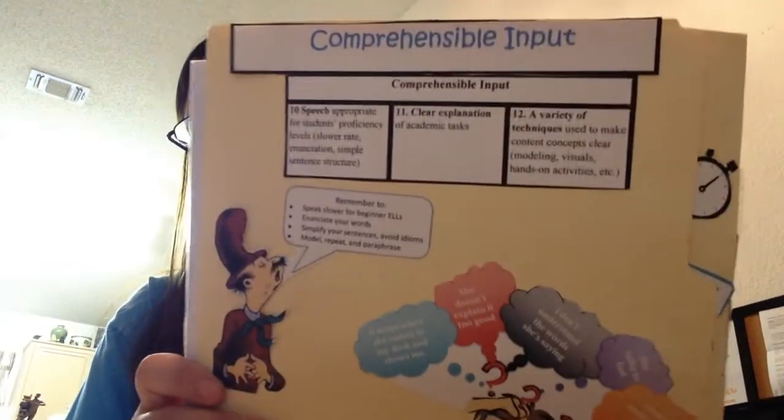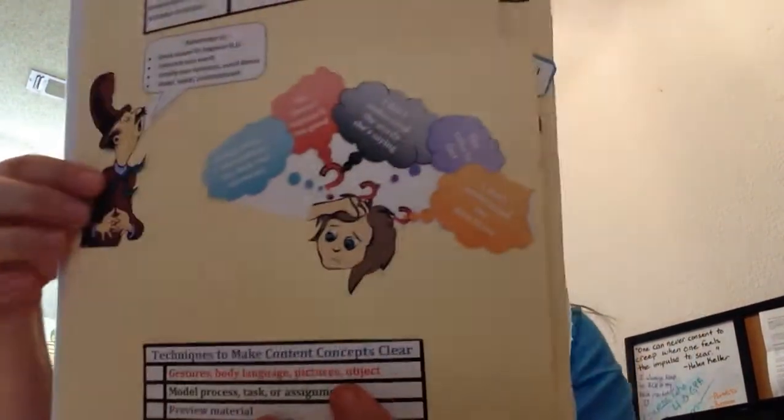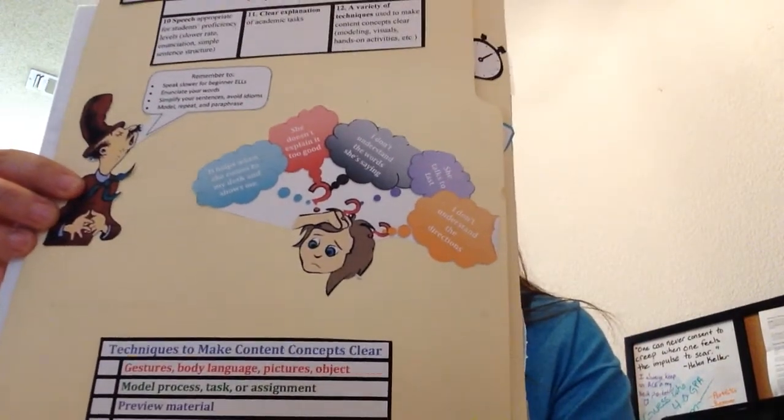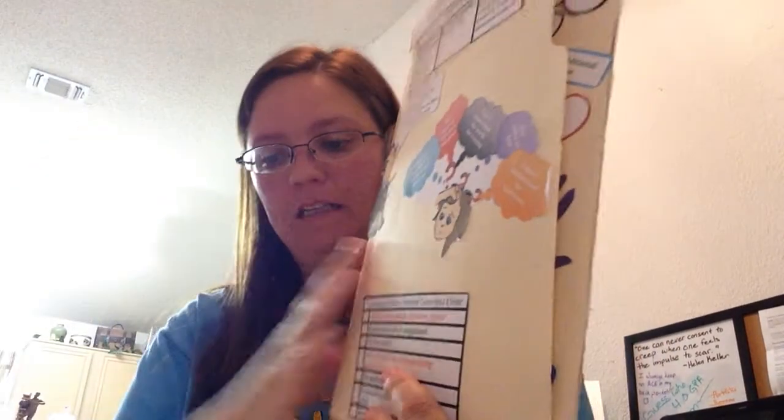Alright, so now we're on to page 3, and it's comprehensible input. This guy right here is just reminding me when I'm working with ESL students to remember I should always speak slower, enunciate my words, simplify sentences and avoid idioms, and model, repeat, and paraphrase.